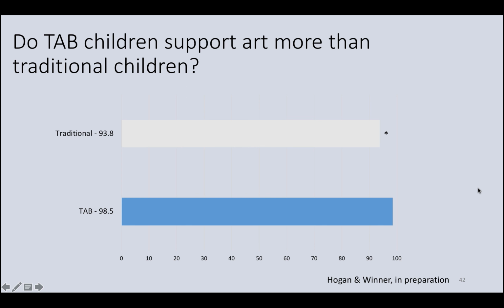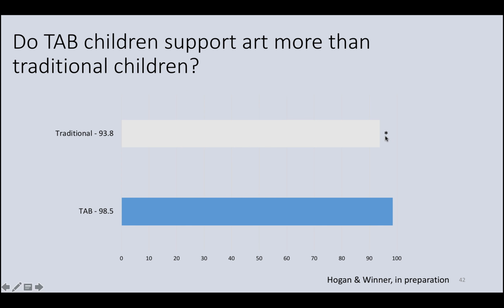98.5% of the students in the TAB conditions said no, please don't cut it. That's pretty remarkable. In a traditional classroom, kids don't want to cut any special. To be honest, we have more data about music and PE that's unrelated, so I'm not going to share it. But overwhelmingly, kids don't want to cut specials.